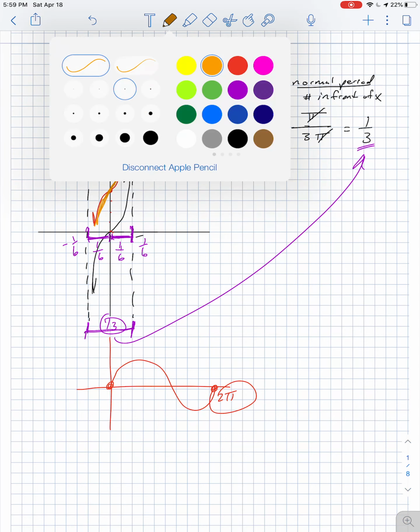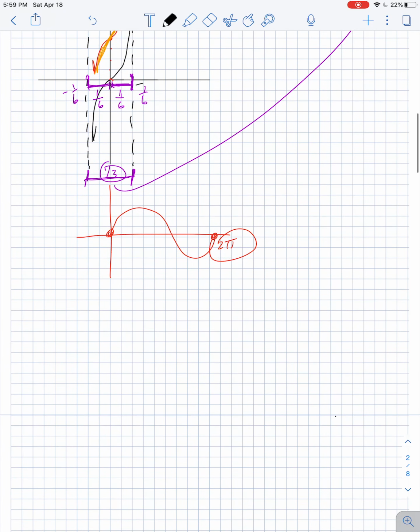Now let's look at cotangent and compare how they differ. Cotangent actually does start at 0, so it doesn't have that same issue. And again, I'm not going to show you on the unit circle, but here's how it rolls. It's got asymptotes at 0 and at pi, and again at 2 pi.